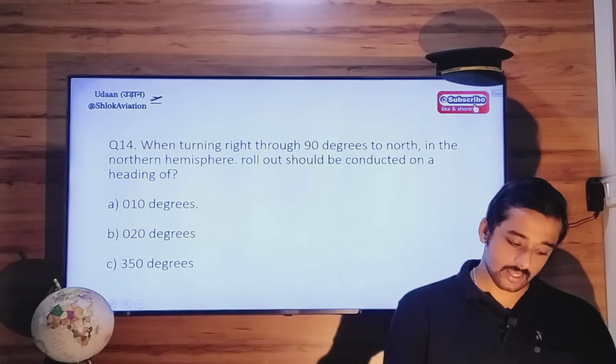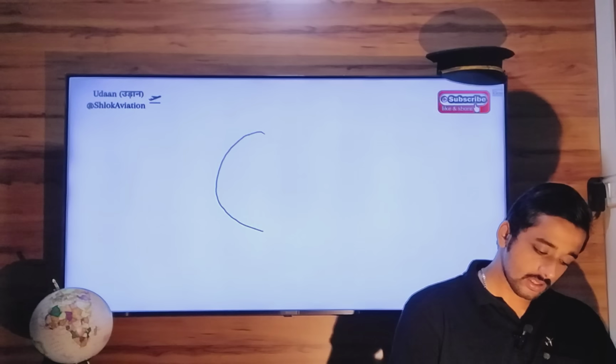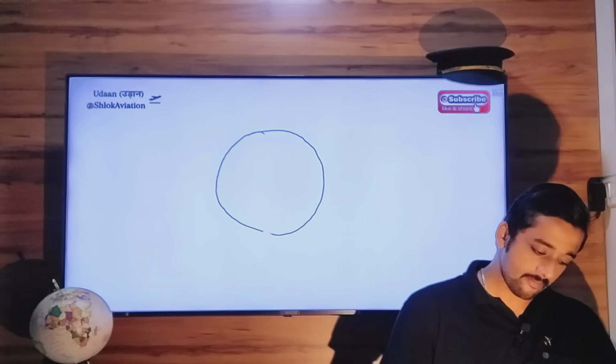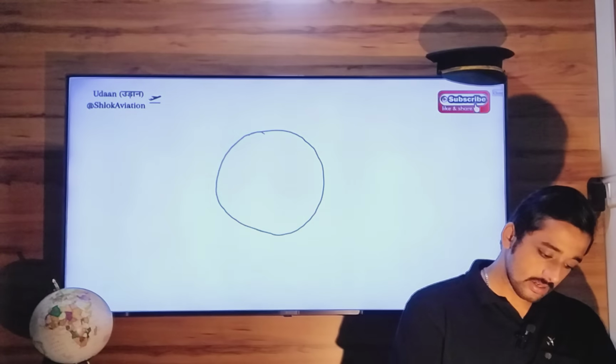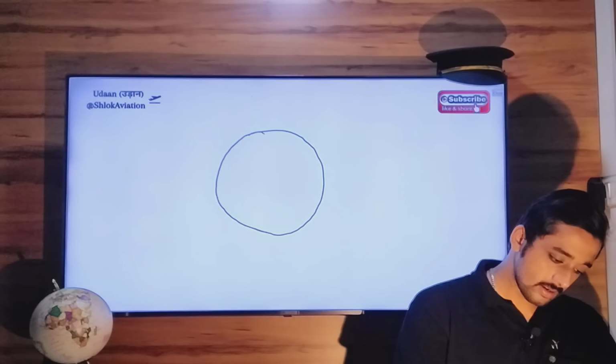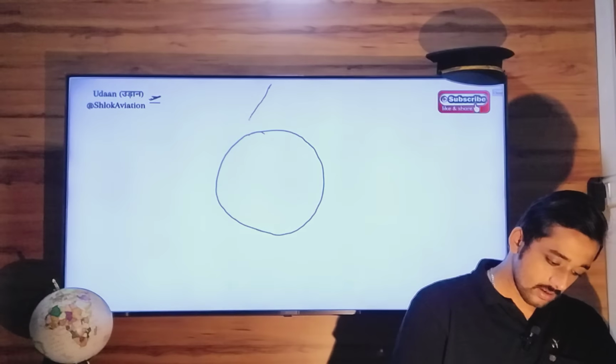Next, question 14. When turning right through 90 degrees to north, on Lambert's chart, great circles that are not meridians are what? So on a Lambert's chart, let's say this is your reduced Earth. This is the Earth, and the Lambert's chart looks something like this. So first you have a parallel of origin like this.